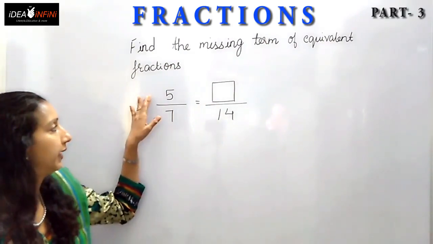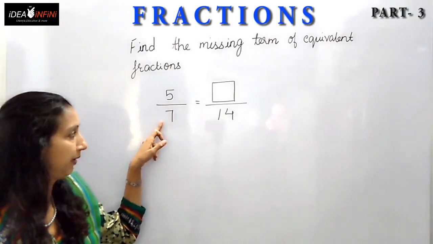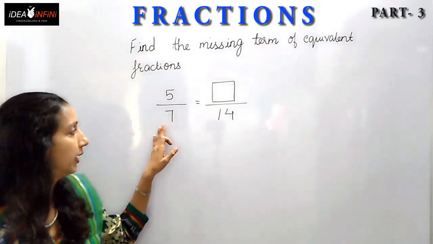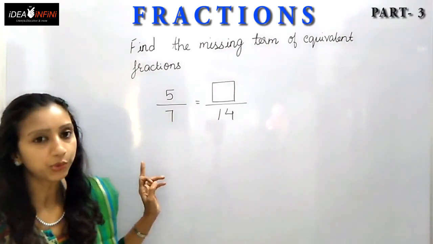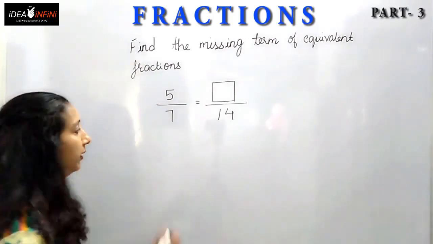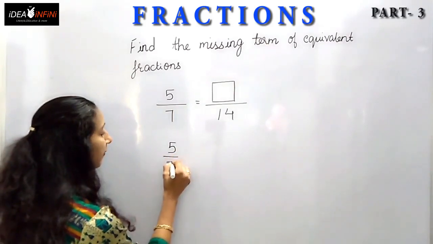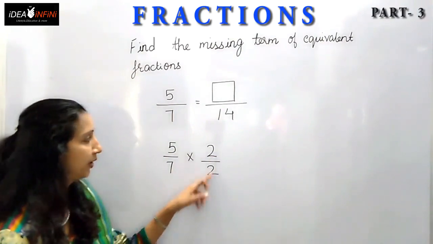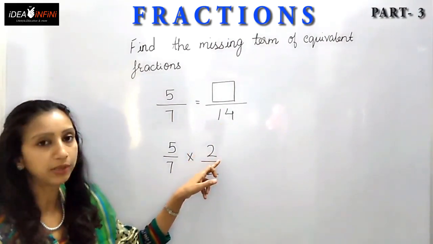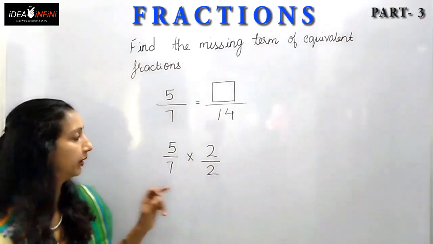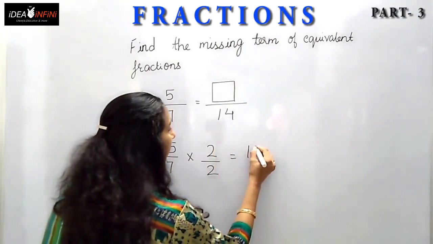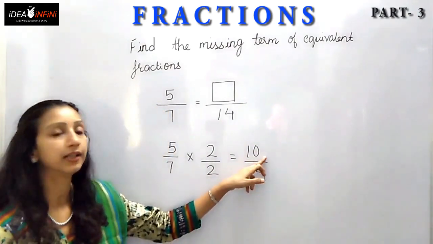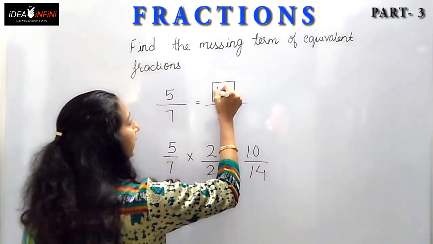So I know that whatever has been multiplied to 7 in the denominator has also been multiplied to 5. So let's see. 14 divided by 7 is 2, or 7 into 2 is 14. So that means 5 by 7 has been multiplied by 2 by 2, because 7 into 2 is giving me 14 and I have to multiply the numerator by the same quantity. So 5 into 2 is 10 and 7 into 2 is 14. So my missing digit here in the numerator is 10.